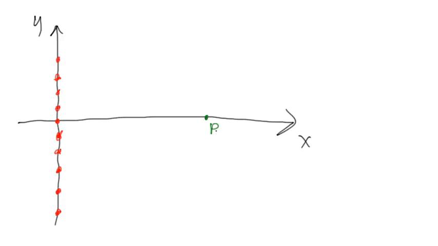I'll call it point P. So for instance, this one right here, I'll call it particle number I, makes a contribution to the electric field at point P. It's a positively charged particle, so it'll be directly away from that charged particle, like this, E sub I.